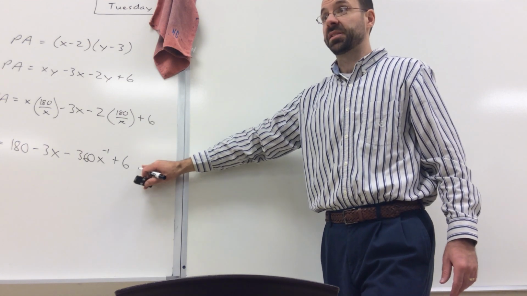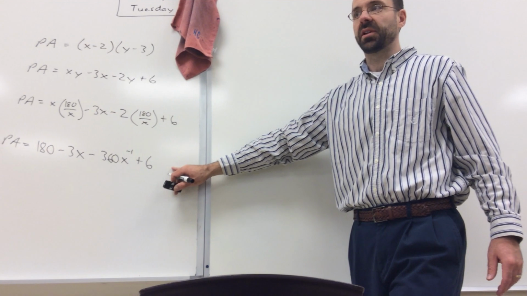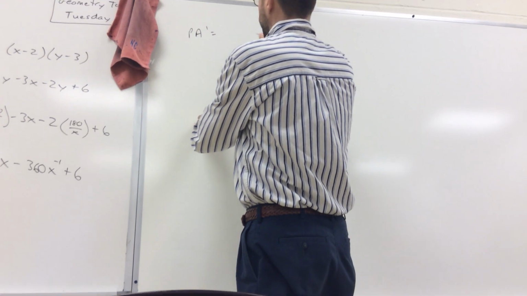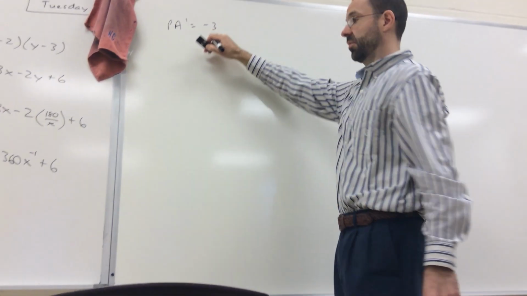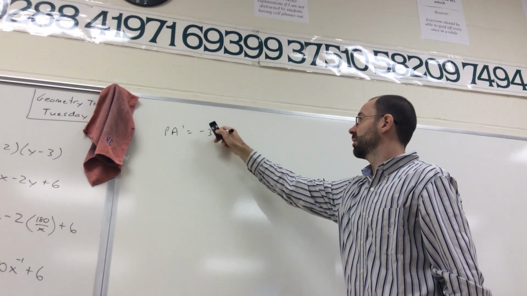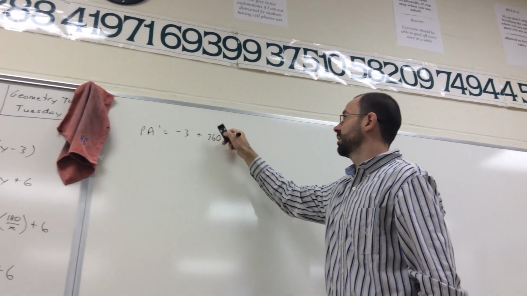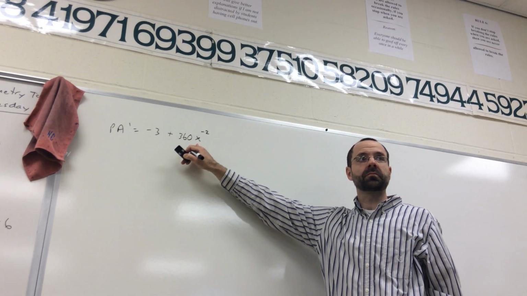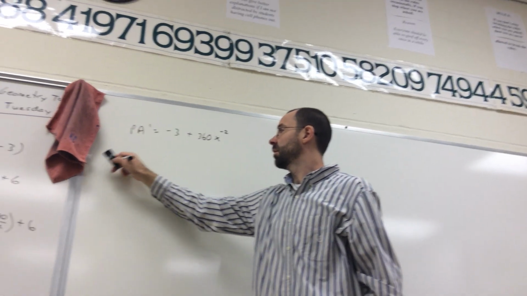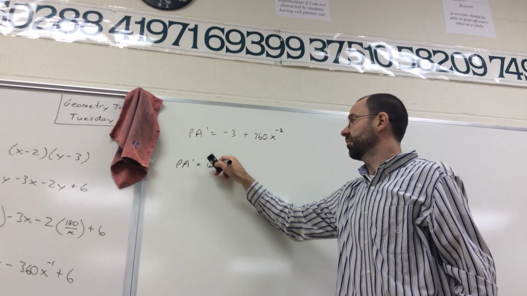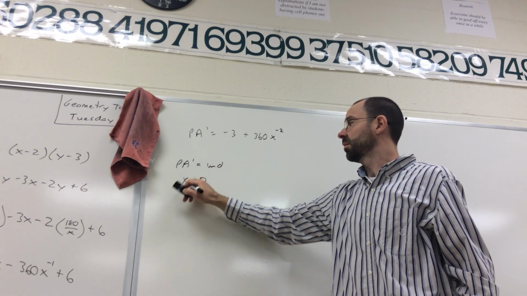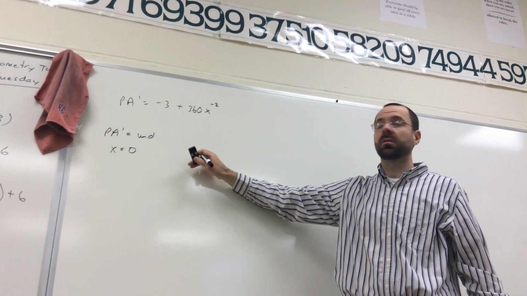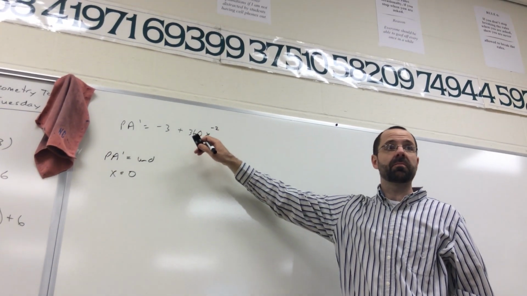But if I'm going to maximize that, I need to take the derivative, set it equal to 0, not defined, etc. So printed area prime. Derivative of 180 is 0. Derivative of negative 3x is negative 3. And that would be plus 360 x to the negative 2. So it's undefined when x is 0. Because this is divided by x squared, right?